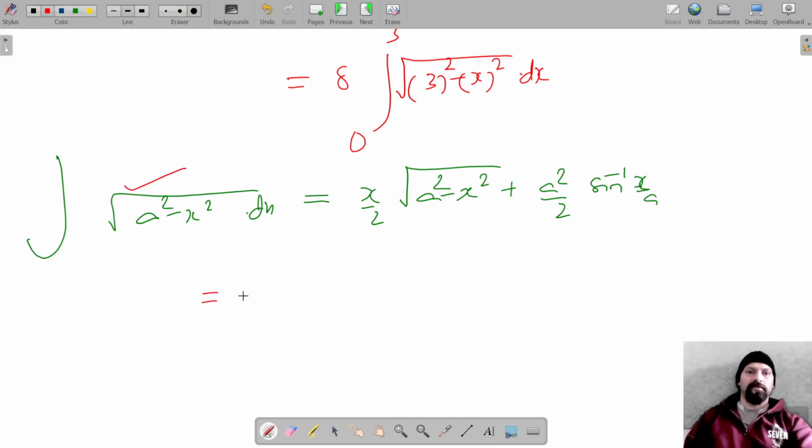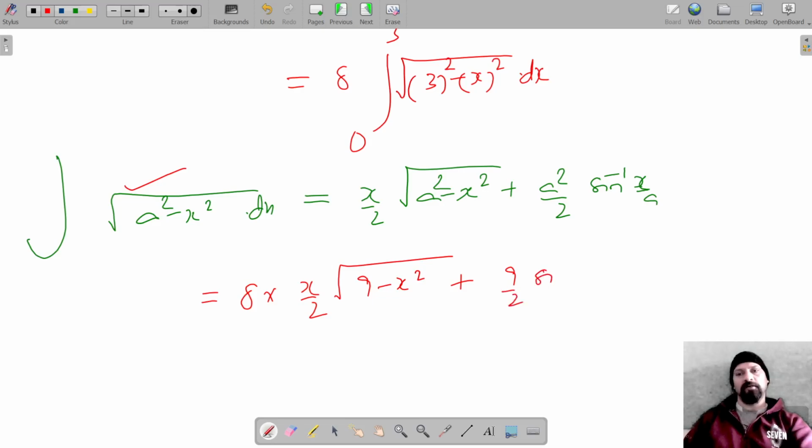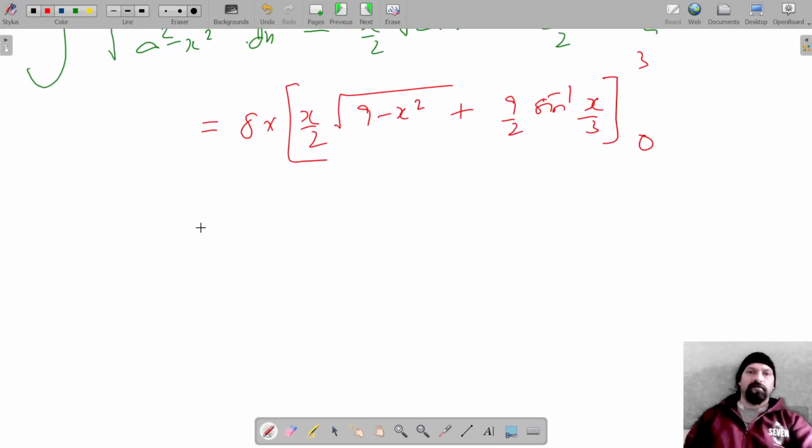So we get 8 into x by 2 and under root of 9 minus x square plus a square by 2, which is 9 by 2, sine inverse x by a, which is 3, and it has to be evaluated for the limits 0 to 3. So let's evaluate for the limits. So 8 into, let's put in the value first, 3.